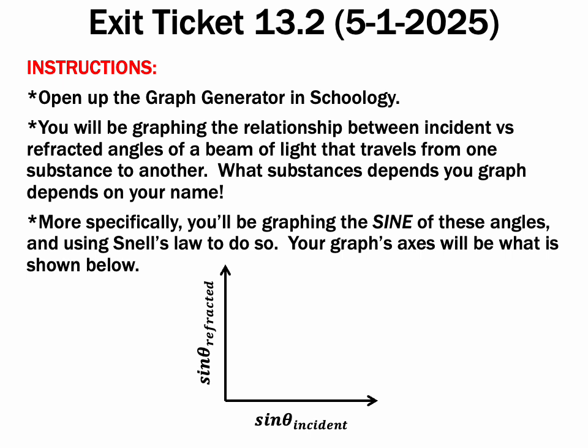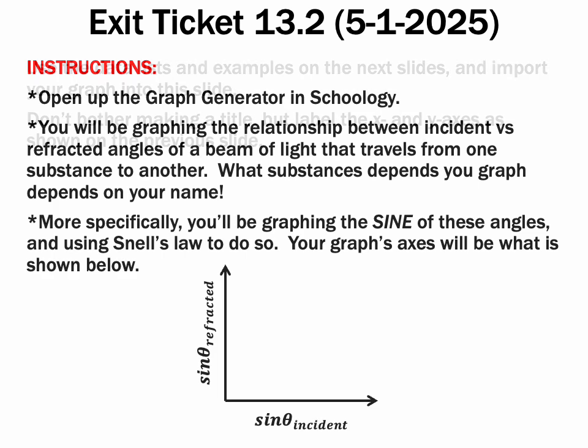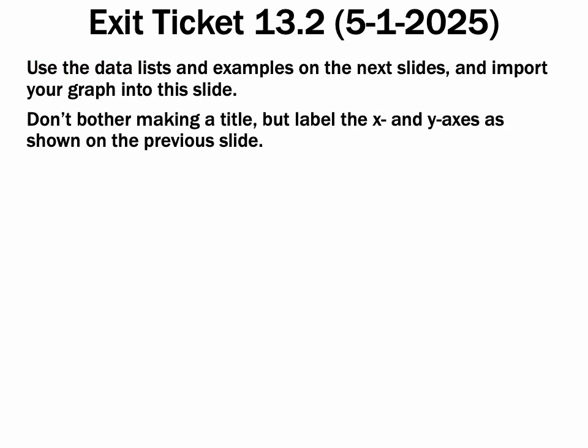And that's what your graph should show. The sine of the incident on the x-axis, sine of the refracted angle on the y. On the next slide, we'll tell you what numbers to be using. Once you get your graph generated, just import your graph into this specific slide and submit it.